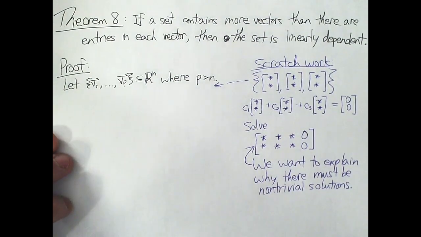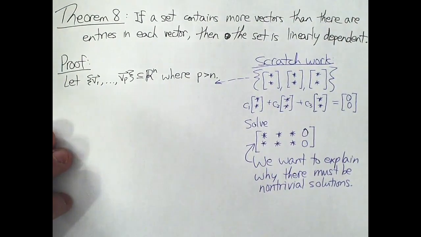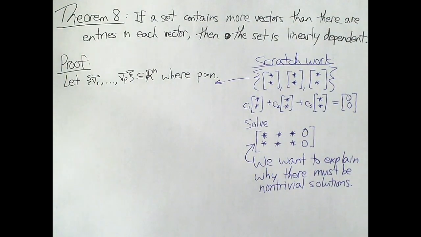So I'd like you to think about this for a minute. I'm still going to help with the proof. But can you figure out, based on this scratch work, why there must be non-trivial solutions?